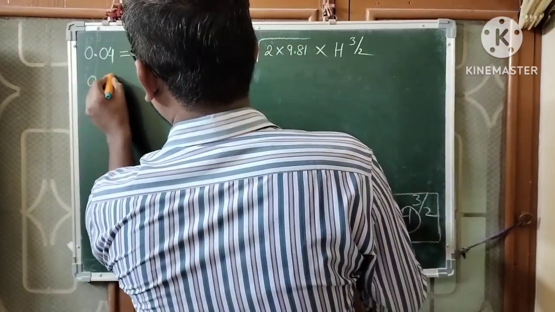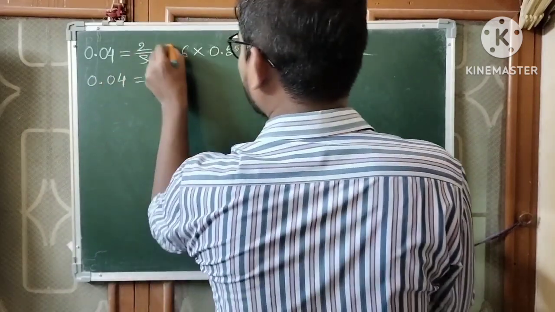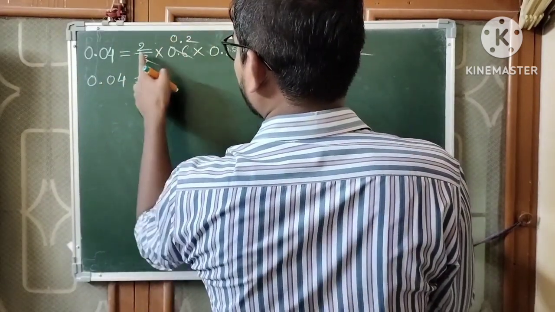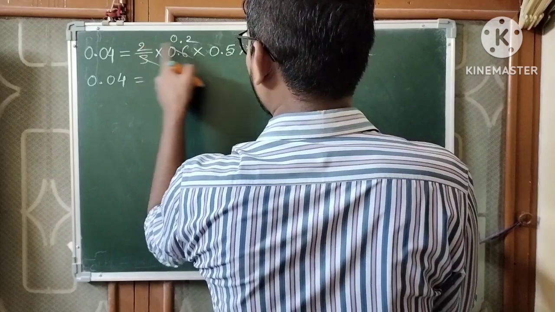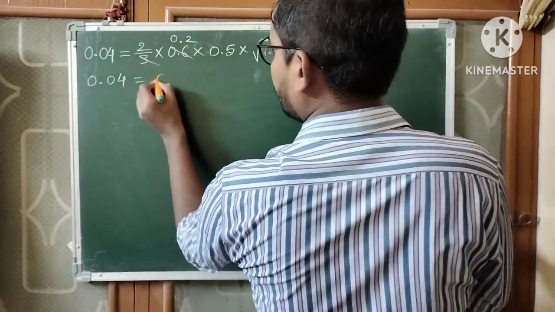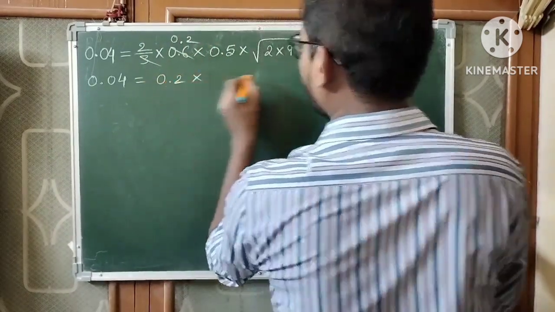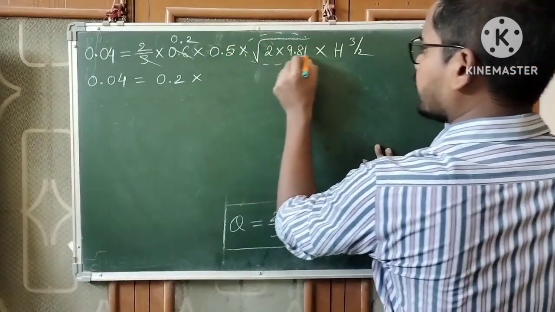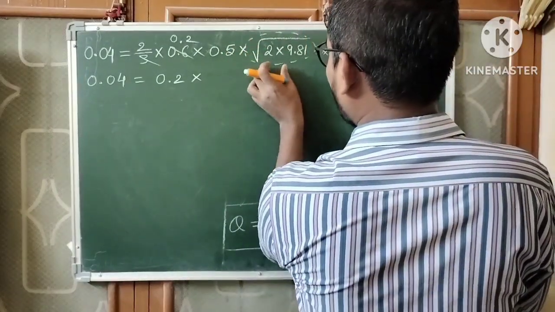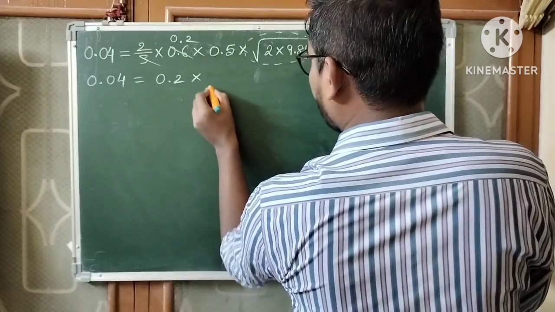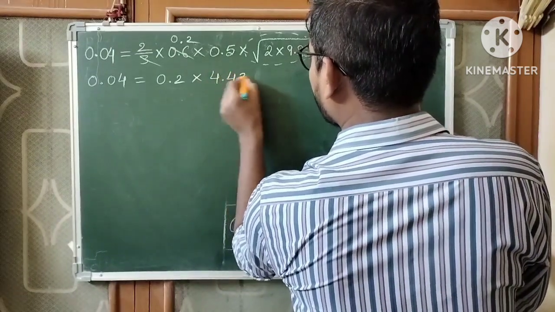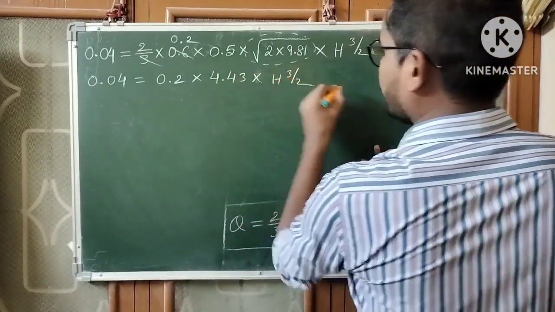So 2 into 0.5 is 1, and 1 into 0.2 is 0.2, and the value of root over 2 into 9.81 is approximately 4.43, into H power 3 by 2.